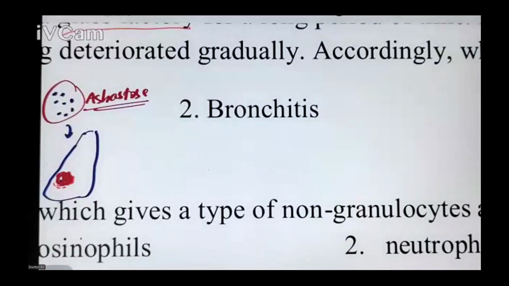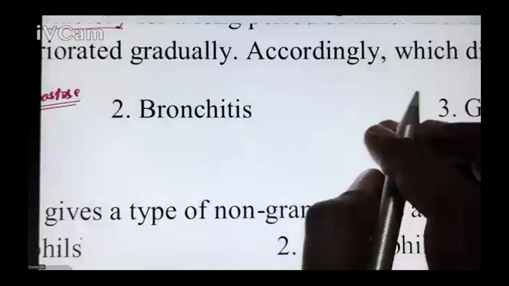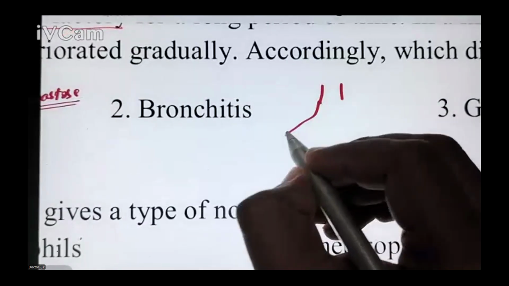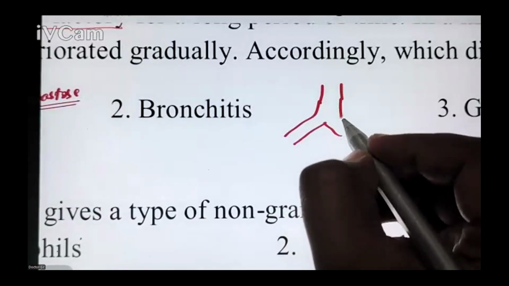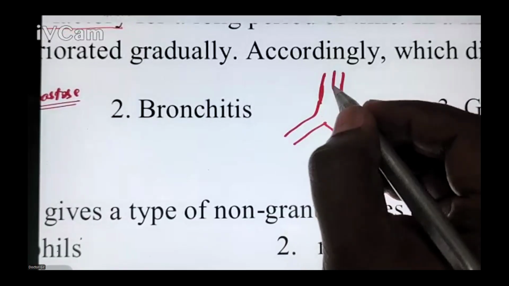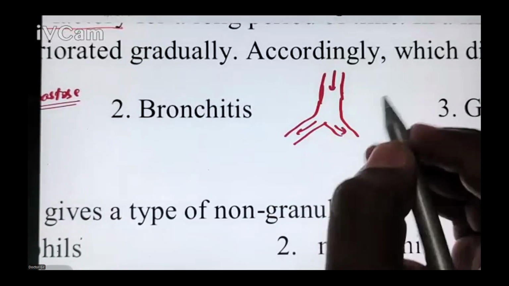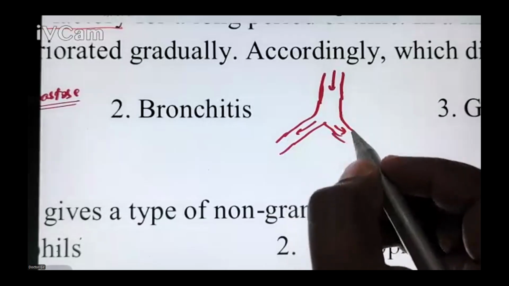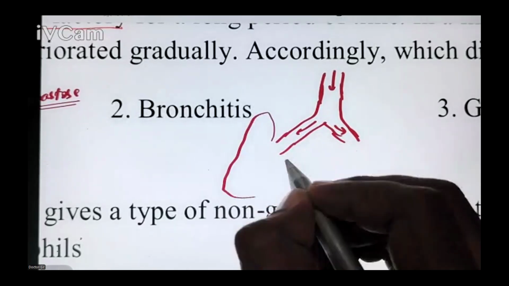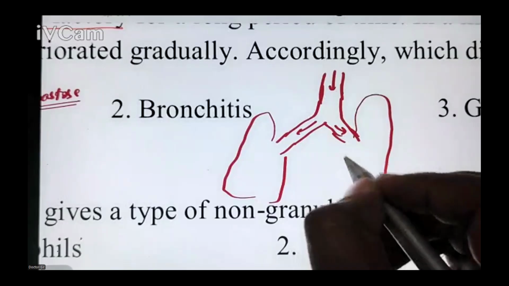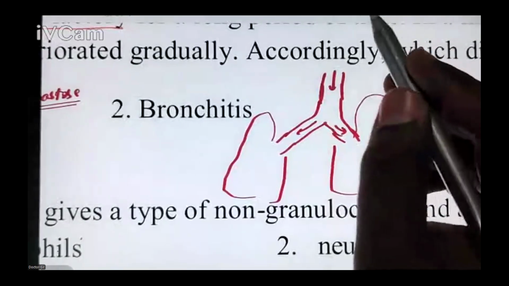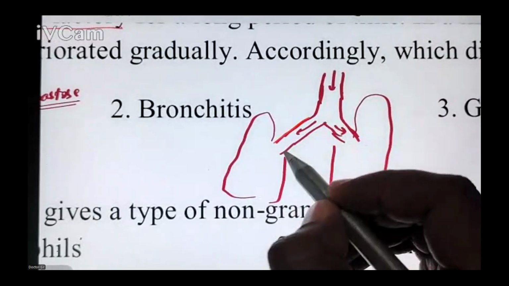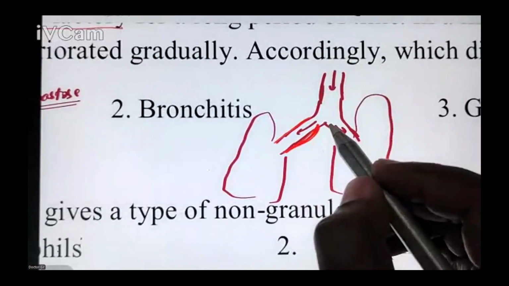Then bronchiectasis, which is due to our respiratory system. The trachea divides into the main bronchi, left and right, which then go into the lungs. This bronchus can have inflammatory conditions.